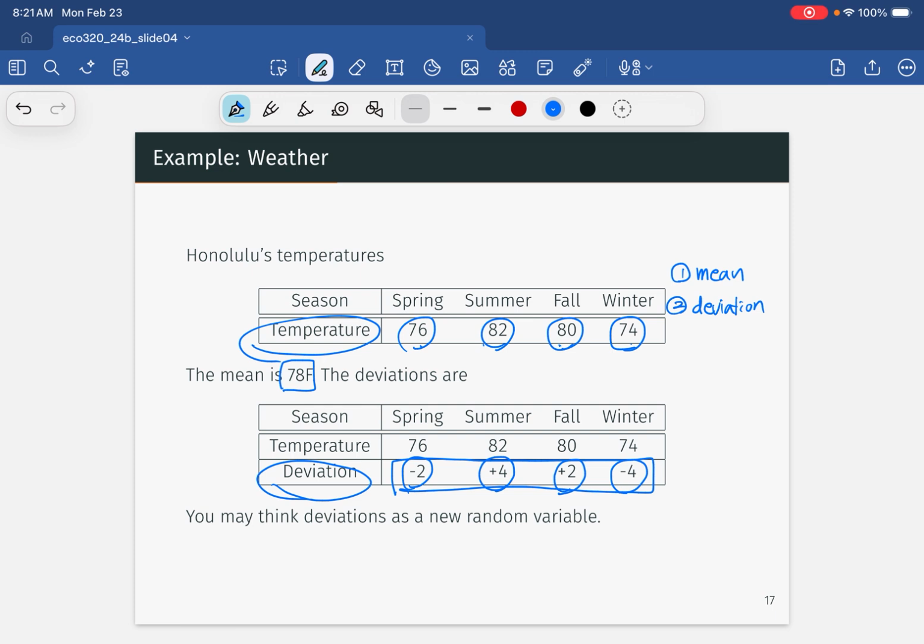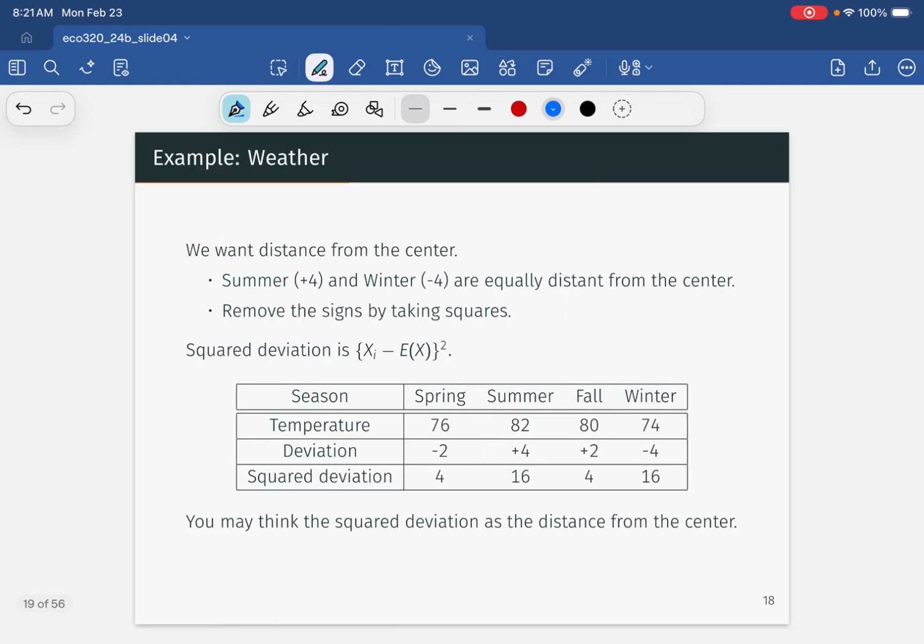Here we are going to treat the deviation as a new random variable or just new data. When you have a million observations, then you can calculate a million deviations. That's how we are going to understand the deviation. So it is pretty simple.